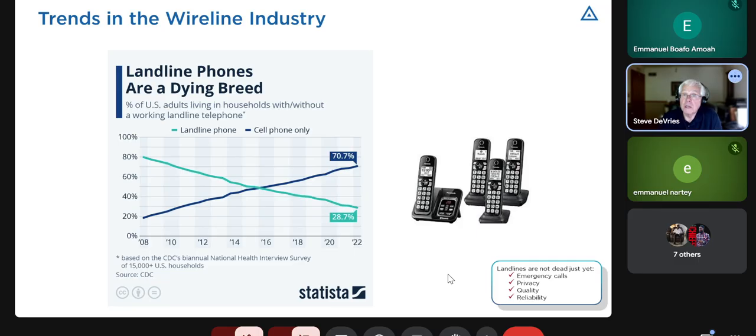You certainly don't have to worry about privacy issues on a wireline phone. The quality and the reliability is still there. Landline phones use different power sources, so even if the power is out, as long as you have a connection back to the main central switch, your phone can work. So again, they're not totally dead yet, but there's certainly a trend in people having only a wireless phone.